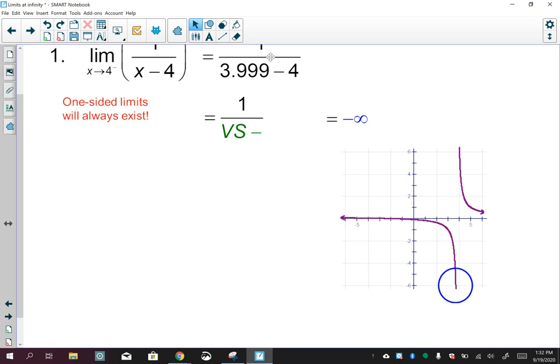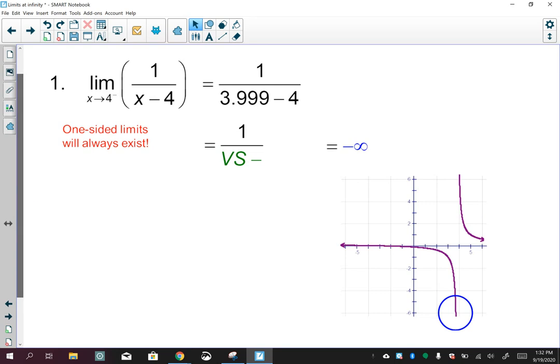And so we know that when we plug in 3.999 minus 4, we get a really small number. Since this is a really small number and my numerator did not go to 0, I know that it's going to be infinity. You might ask, but how?